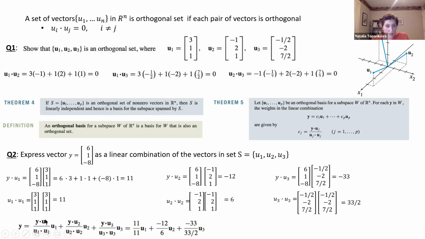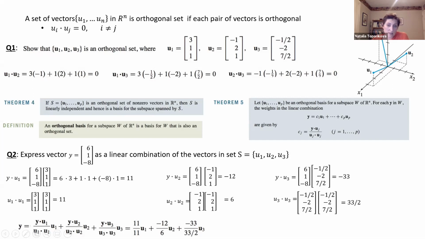For example, here y times u1, we already know it's 11, and u1 dot product with u1 also gives us 11. So we have a ratio for the first component. For the second ratio, we have minus 12 in the numerator, and the 6 goes to the denominator. And finally, for the third term, we have y times u3 equal to minus 33 in the numerator, and u3 dot product by itself, 33/2, in the denominator.